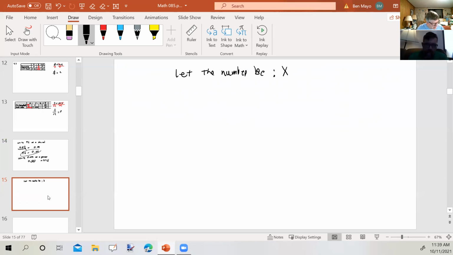If a number is added to the numerator of 5/7, so we have 5/7, we're going to add a number to the numerator. And twice as much is subtracted from the denominator. So we've got 5 plus x divided by 7 minus 2x.